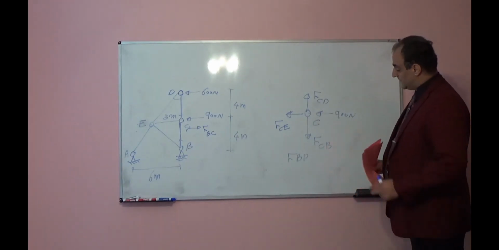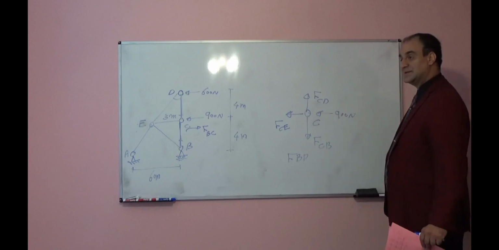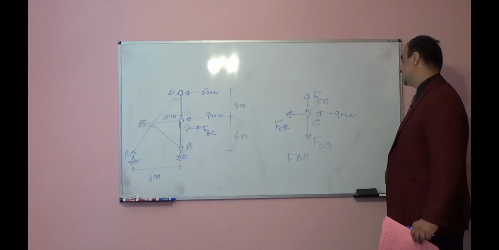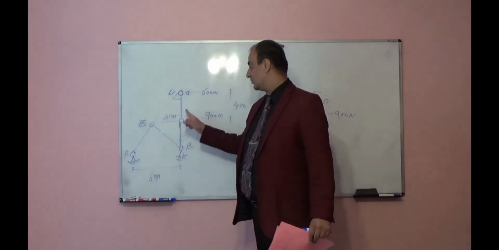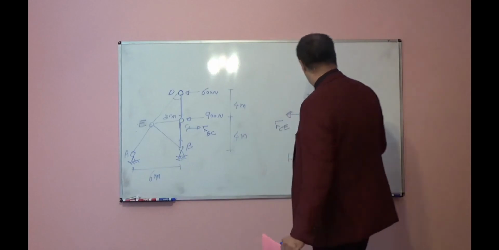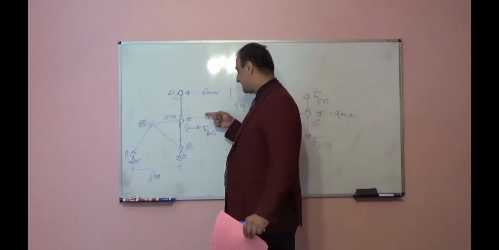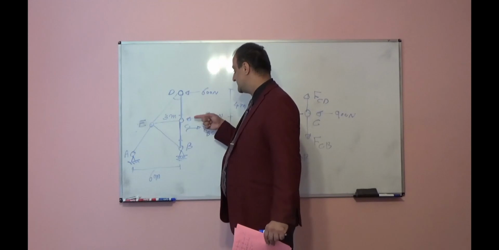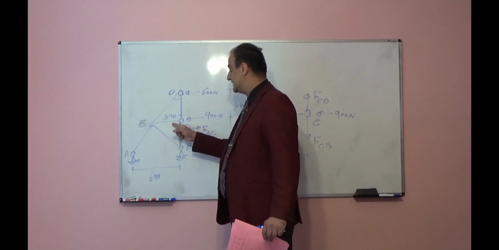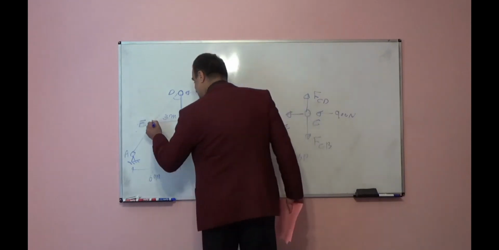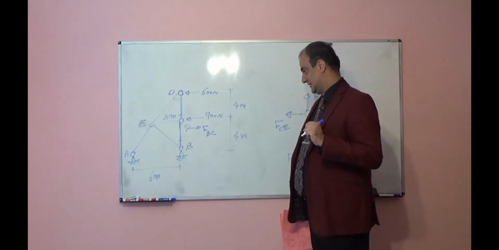From this free body diagram, we can understand FCB is equal to FCD because summation of force in vertical direction is equal to 0. For that reason, I found both of them 800 Newton. 900, you see, once I apply 900, this 900 push this member EC. So the member EC internal force, it is compression 900.